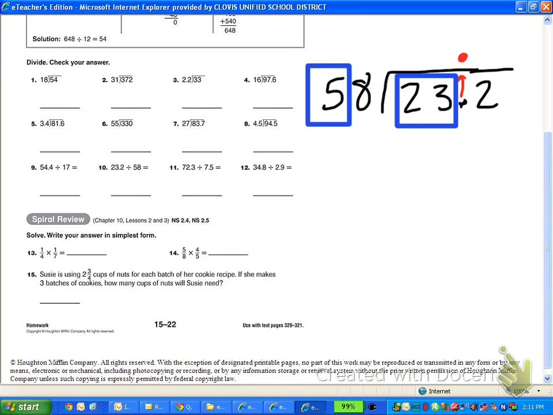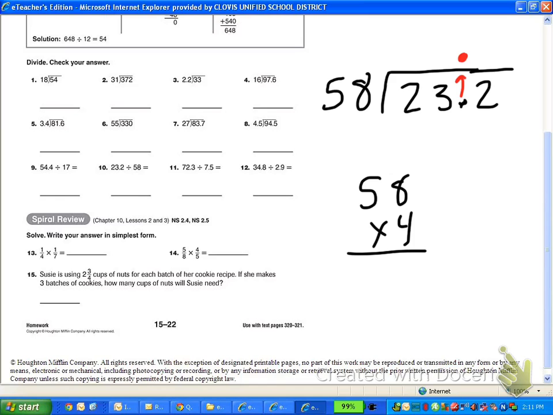I want 5 to go into 23, and we know 5 can go into 23 4 times, because that's going to be 20. So let's see if it works out. 8 times 4 is 32. 5 times 4 is 20, plus 3 is 23. 232. So 4 works. 58 can go into 232 4 times.